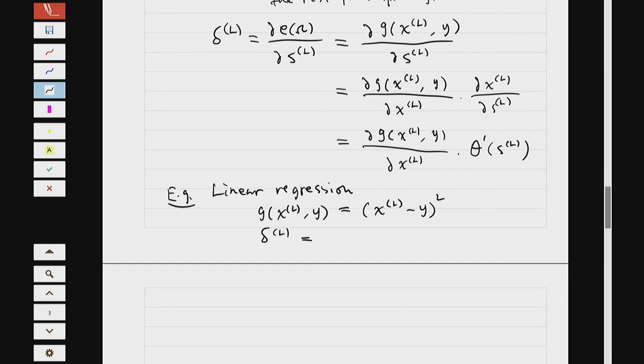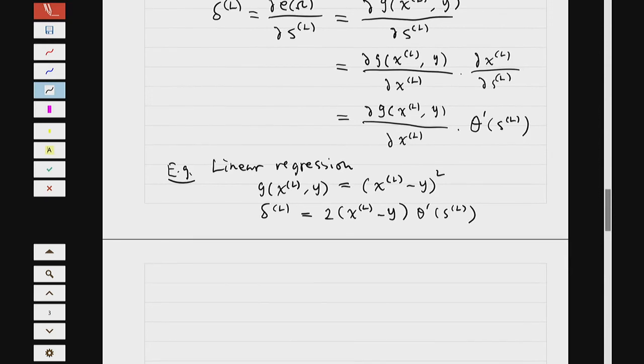It's just the derivative of this thing with respect to X of L. Easy, it's a square term, so it's 2 times X of L minus Y. That's it. And then multiply by theta prime of S of L, whatever theta is. For example, let's say theta is your common hyperbolic tangent, tanh.